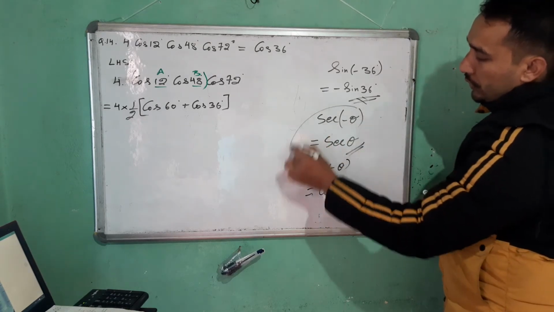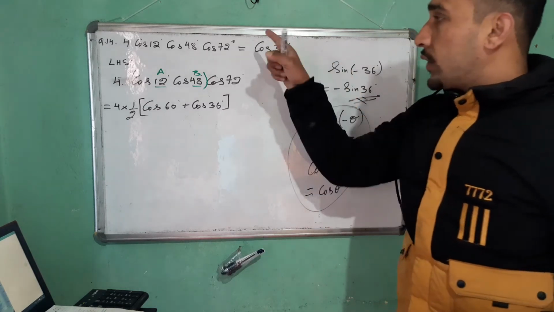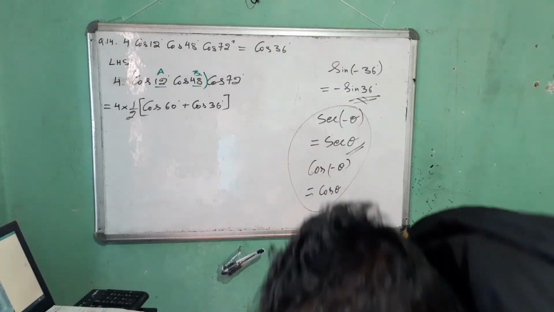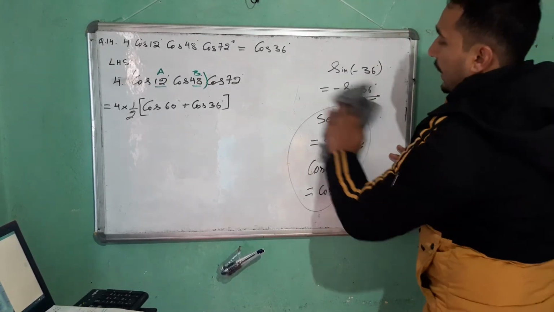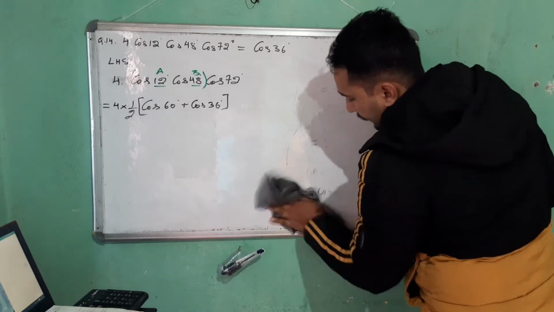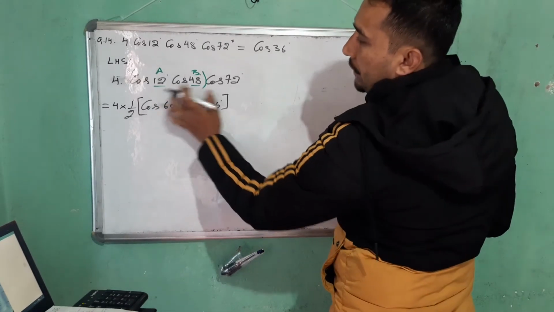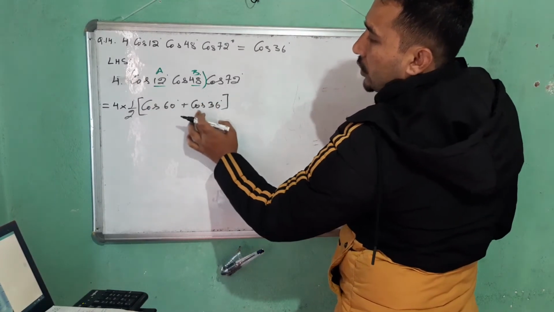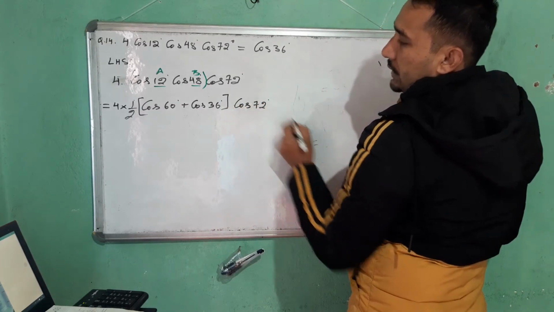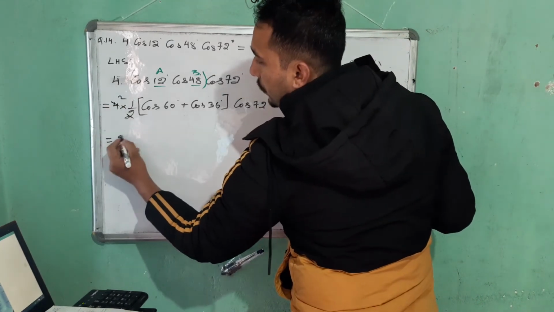Only these two will observe the negative sign, whereas other trigonometric ratios will not; that negative sign will come out of the angle. Cos(A plus B), 48 plus 12 is 60, plus cos(A minus B), 36, and cos 72 is as it is. This you can cancel 2 times 2.